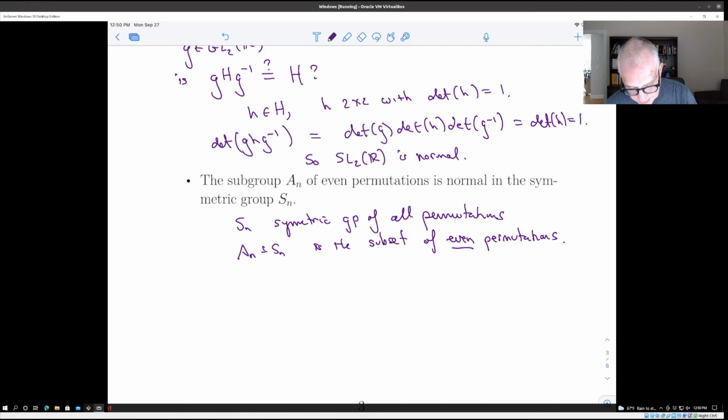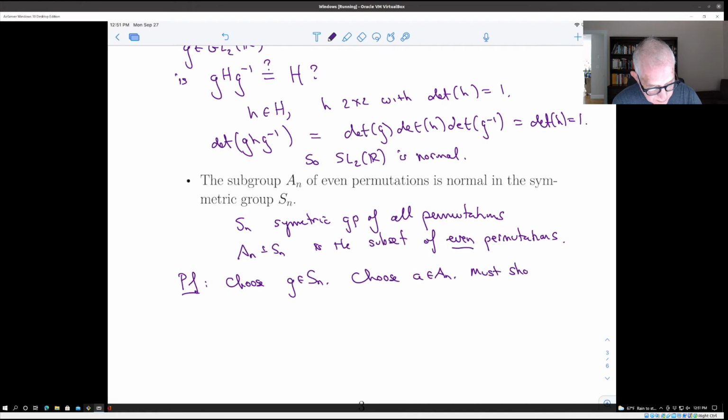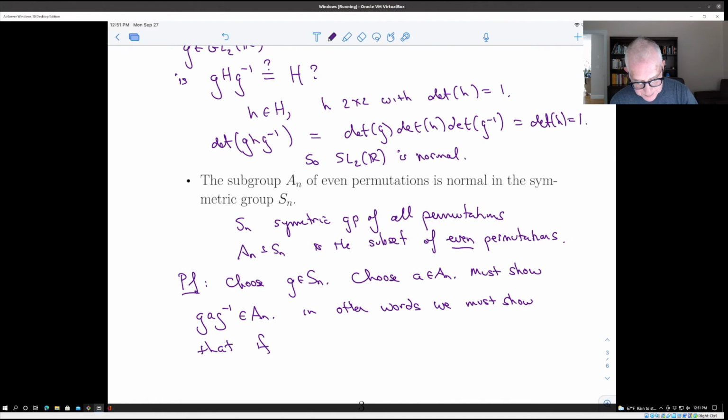To check that, the proof that An is normal is: we choose G in Sn, and we choose any A in An, and we must show that GAG inverse is in An. In other words, we must show that if A is an even permutation, so is GAG inverse.